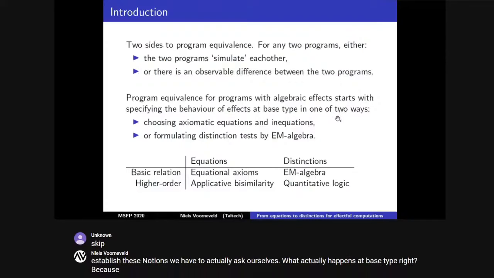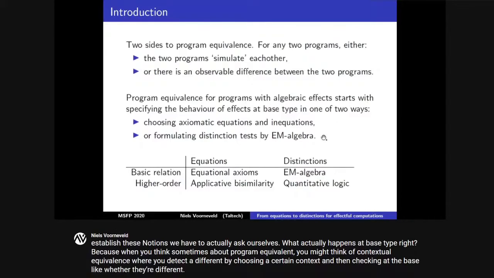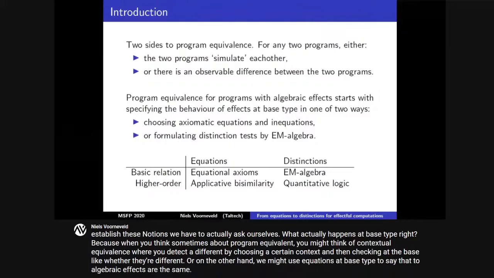Because when you think about program equivalence, you might think of contextual equivalence, where you detect a difference by choosing a certain context and then checking at the base type whether they're different. Or, on the other hand, you might use equations at base type to say that two algebraic effects are the same.